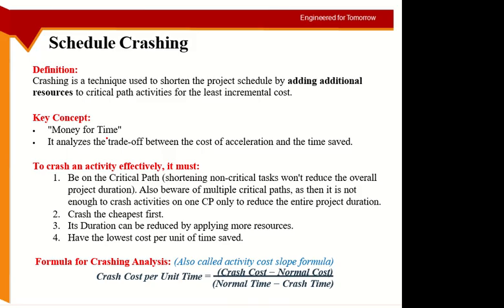Whatever you do with this activity is useless. So you should compress an activity which is on the critical path, because that activity contributes to the actual duration of the project.